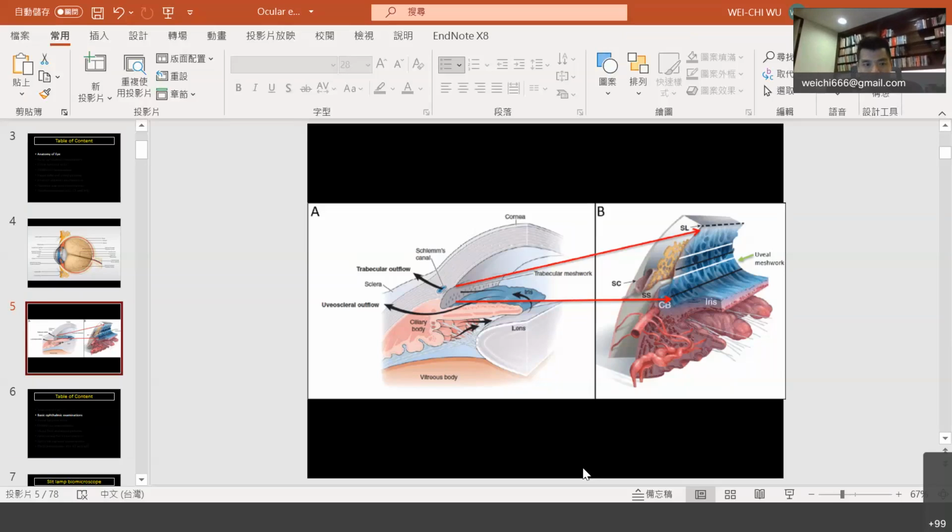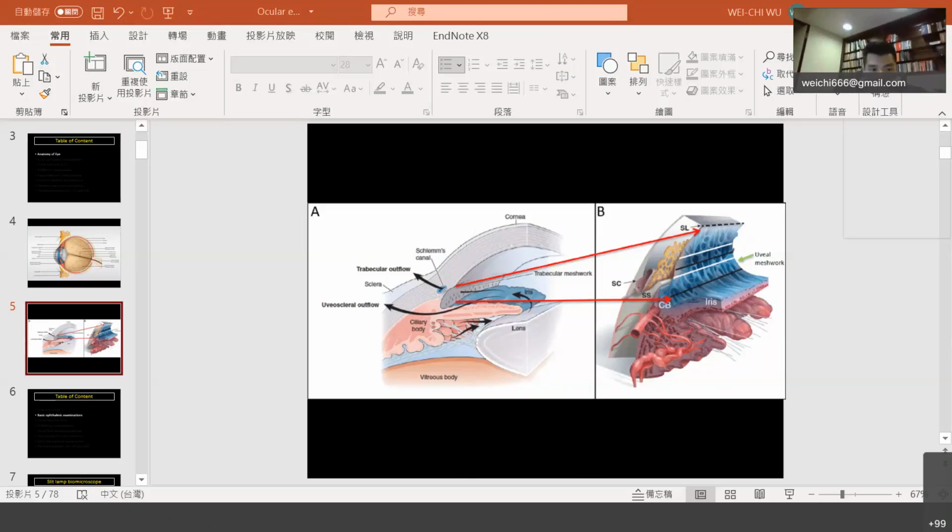Usually we define the normal range of intraocular pressure as less than 21 millimeters of mercury.